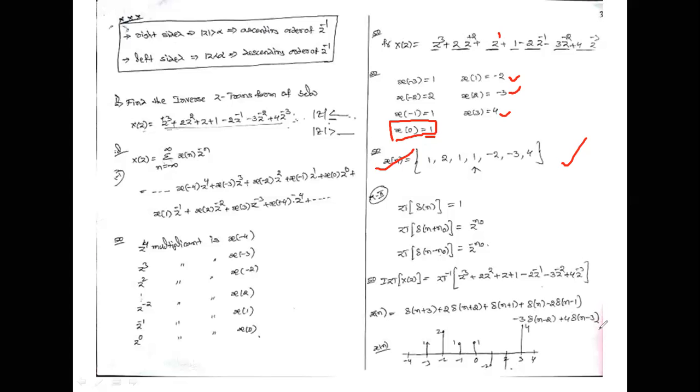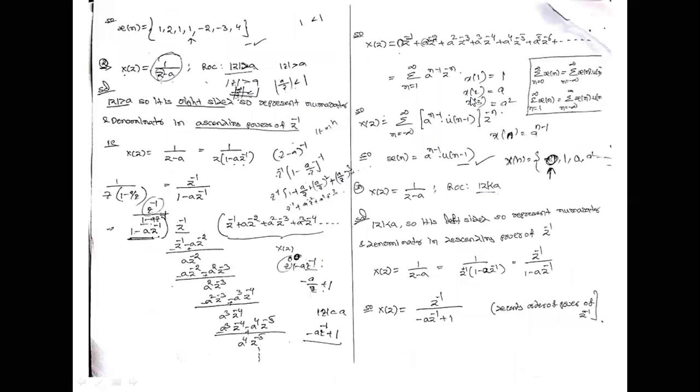Two methods we did, as in the sequence method, and both are the same. By taking positive powers and negative powers, you can write the time domain function. And again, the sequence is the same: 1, 2, 1, 1, -2, -3, and the 4.